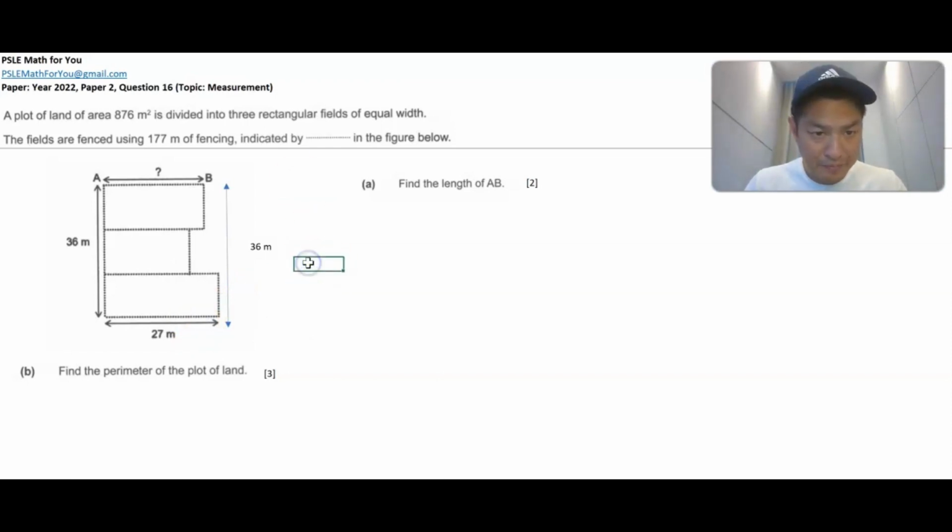Can you guess where? It is right here. And then this is AB, so there is another length AB in the diagram. Where could it be? Yep, it's right here.